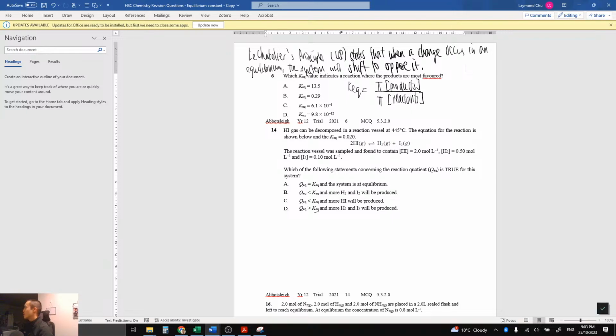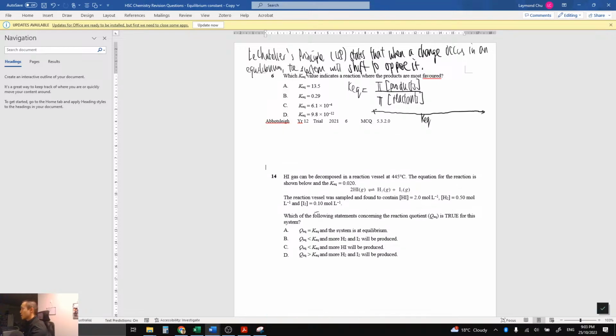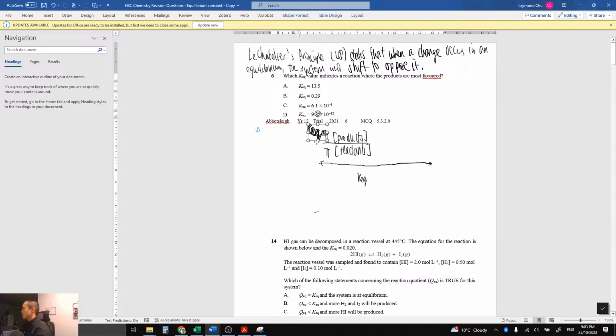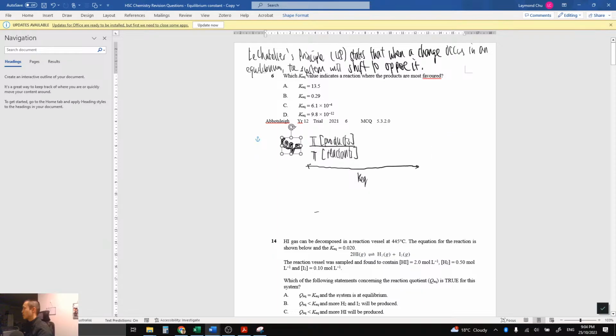What determines which side is favored? We want to look at equilibrium as something in the middle and a spectrum from left to right. This spectrum talks about two things, very similar to what we've written for our KEQ. This side is reactants, and this side is products.